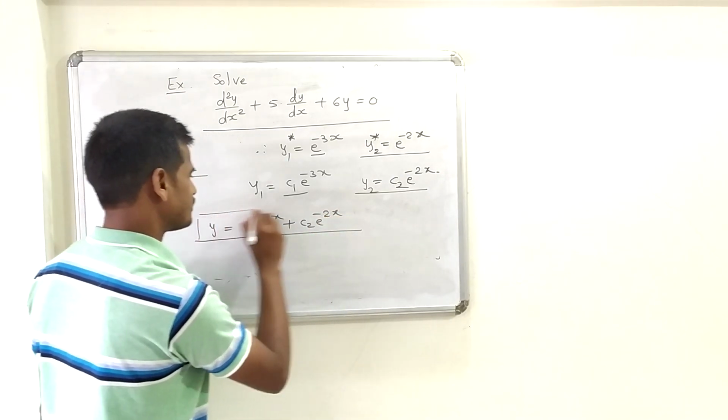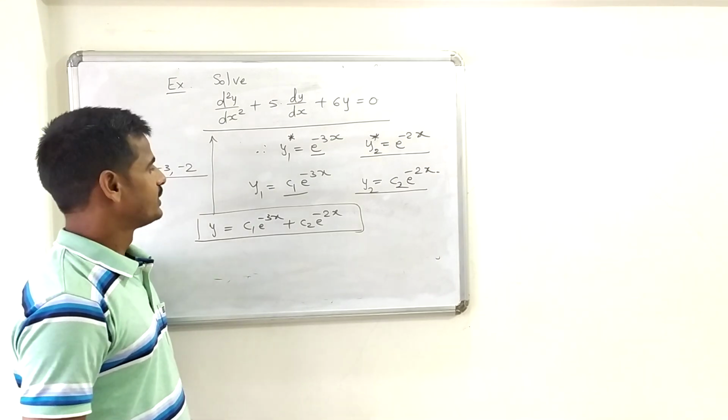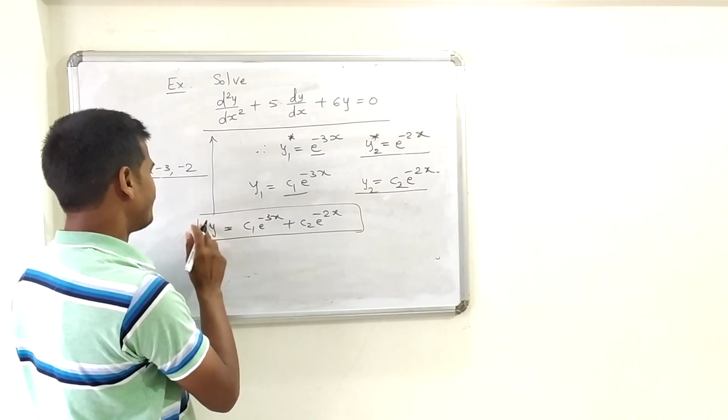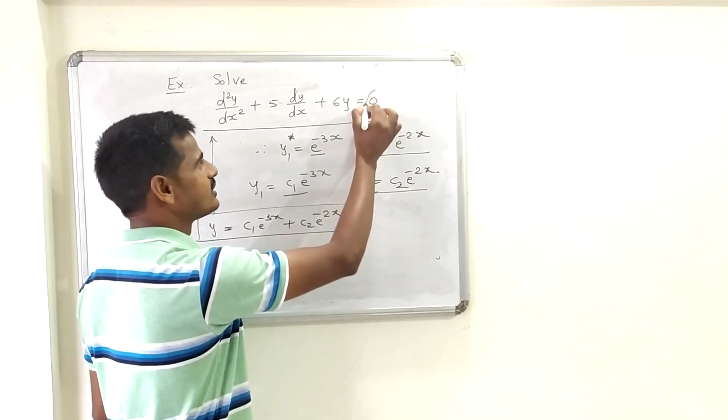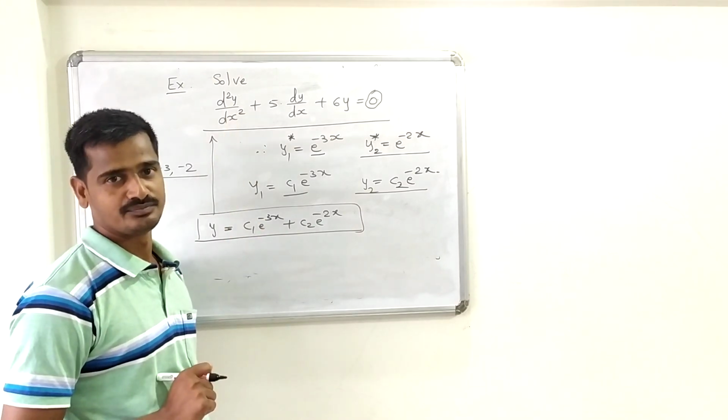This is the solution of this given differential equation. Remember, this is called the complementary function, but since there is no function on the right hand side, this is the general solution of this differential equation.